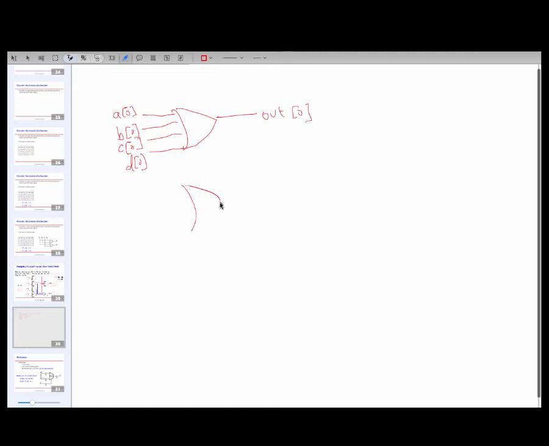And I also want to do... okay, and in general I may have n of these, right? One operating on bit number 0, bit number 1, bit number 2. Instead of drawing so many things, we write it like this.